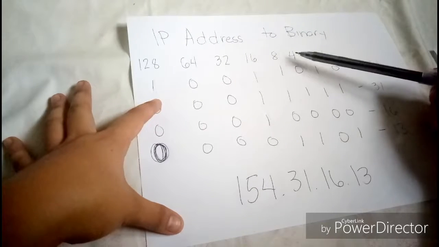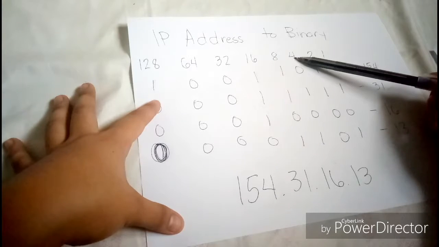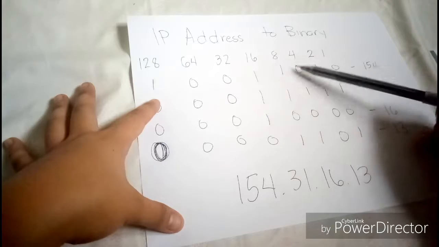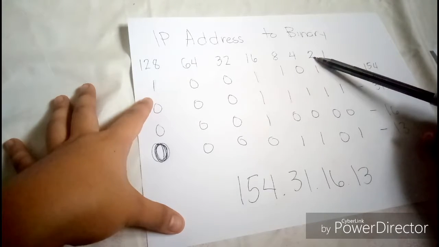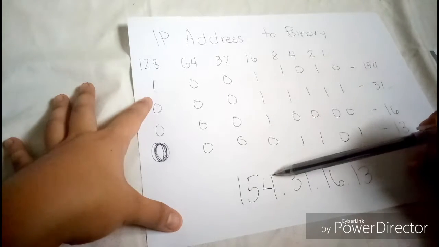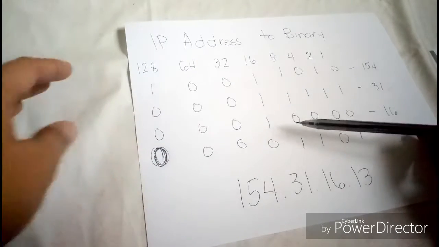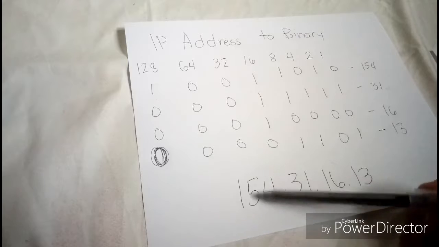So the next one is 4. If I add 152 and 4, it will have 158. So it will be over. That's why I put 0. Then the next one is 2. We have 152 plus 2 is equal to 154. So that's why I put 1 here. So as we can see, 154 is equal to 154.